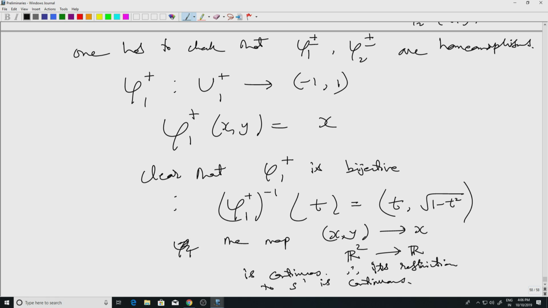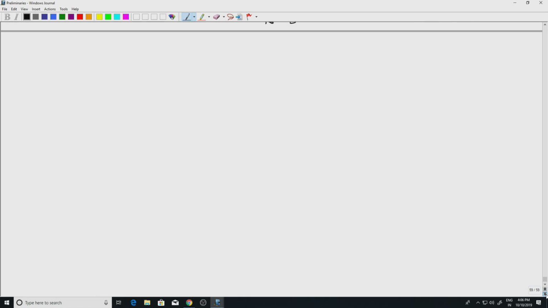Now, as for the inverse map, I wrote down already. It is t going to (t, square root of 1 minus t squared). I can just regard it as a map from (-1, 1) to R2.